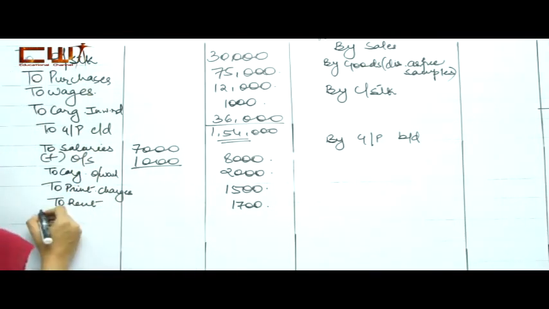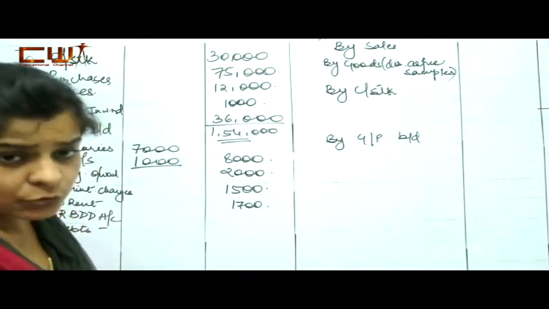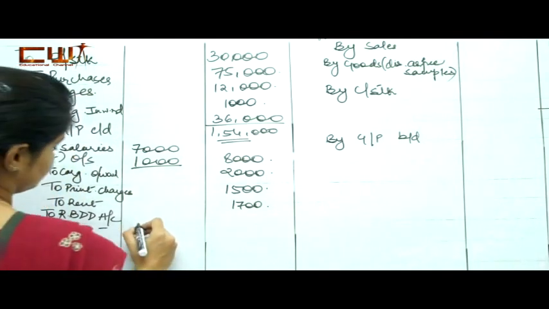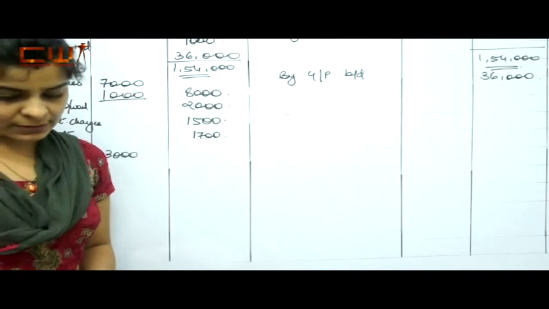It is known as the reserve for bad and doubtful debts account, right? RBDD, reserve for bad and doubtful debts account. First is bad debts given to you in the question. How much is the bad debts? 3,000.